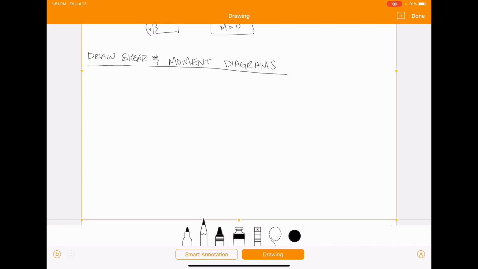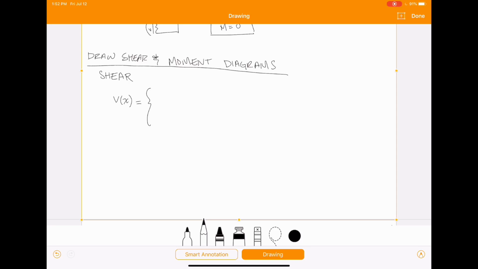So let's go ahead. We'll start with shear. And just to remind ourselves, I'm going to go ahead and write out our piecewise function of shear that we developed.